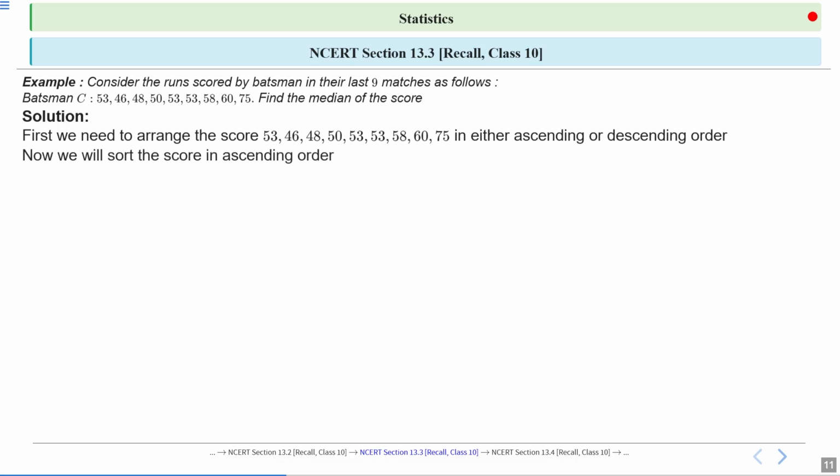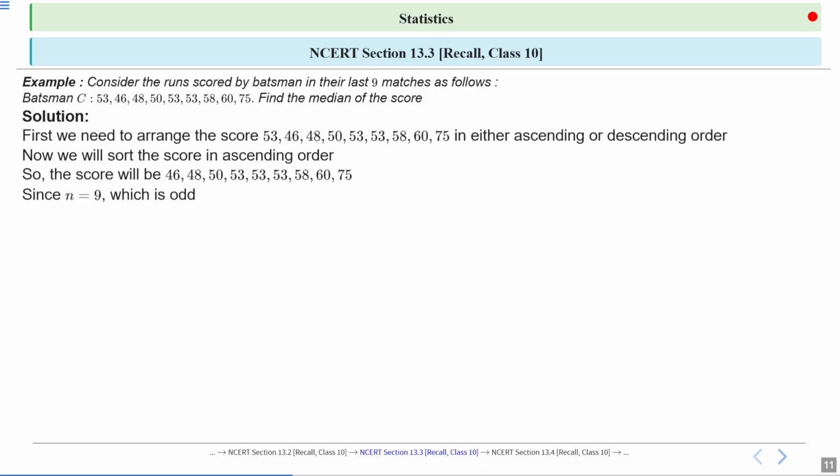Now we will sort the scores in ascending order, that means smallest to largest. The scores will be 46, 48, 50, then 53 three times, then 58, then 60, then 75.